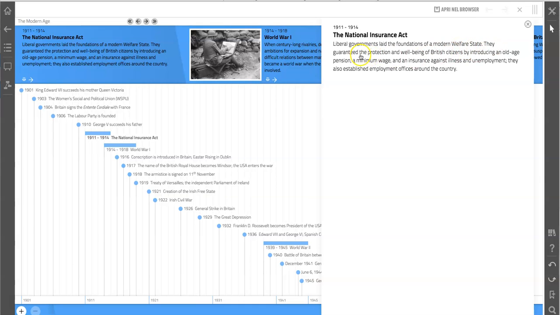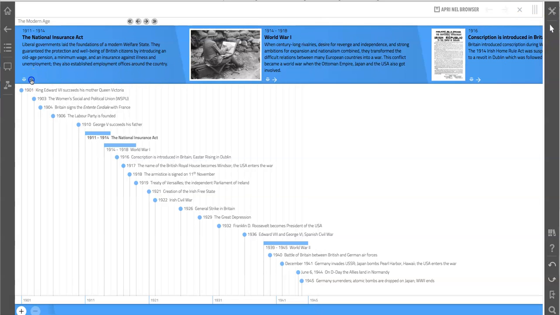They guaranteed the protection and well-being of the British citizens by introducing an old age pension, a minimum wage, and an insurance against illness and unemployment. They also established employment offices around the country. So the National Insurance Act was passed thanks to the Liberal government.